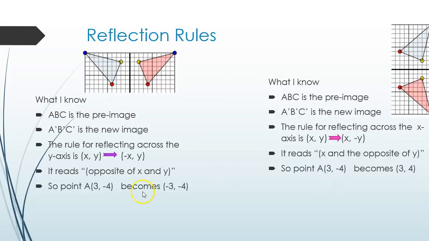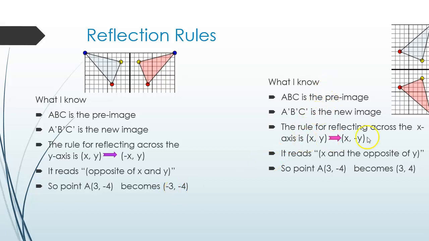Reflection rules. The rule for reflecting across the y-axis is (x, y) becomes (-x, y). So if you had a point (3, -4), and you're reflecting across the y-axis, it becomes the opposite of 3 or -3, and y is -4 still.